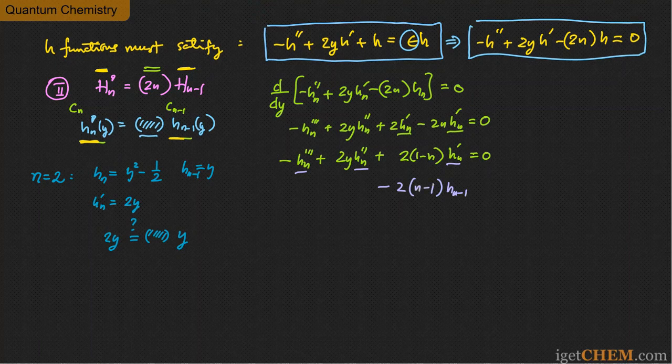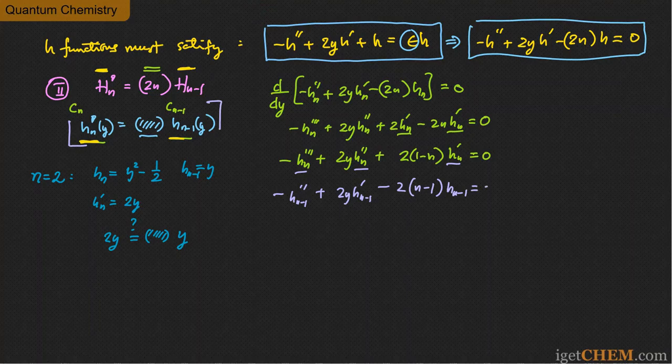That would make it a little bit more obvious later. And this would then be hn minus 1 prime. And the hn triple prime would be hn minus 1 double prime, if this in fact was true, right?